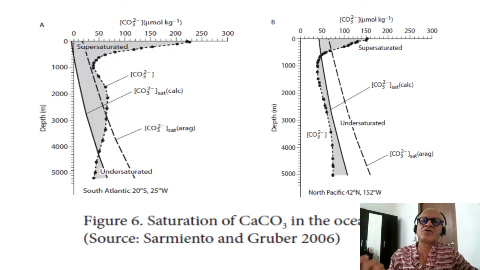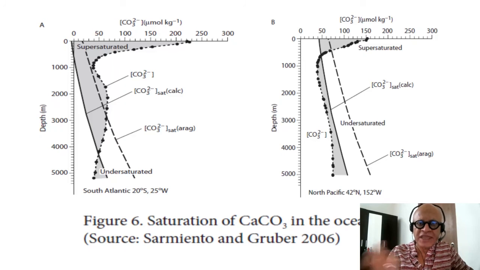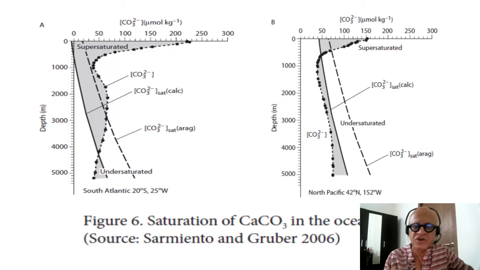The other argument goes back to the silica, where we know that when there is more silica available, diatoms compete much more than the calcifiers, and diatoms take up silica and nutrients, and having fewer calcifiers would draw down the CO2 from the atmosphere into the ocean.